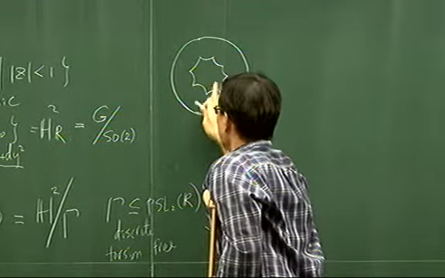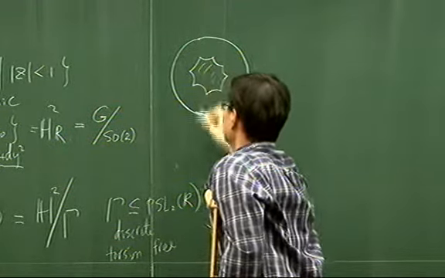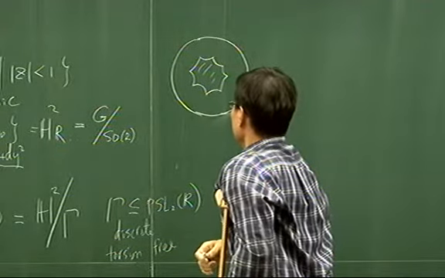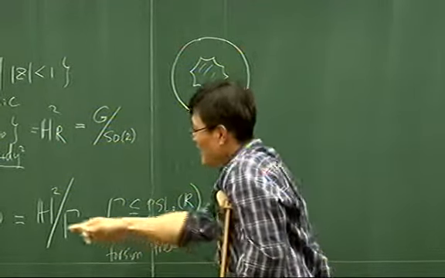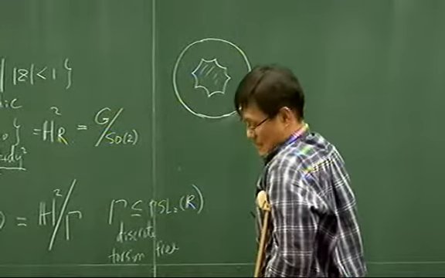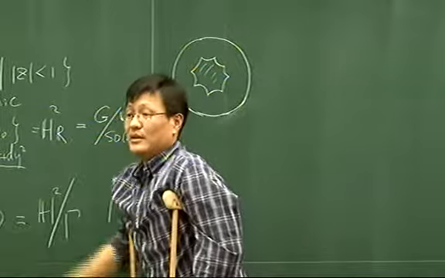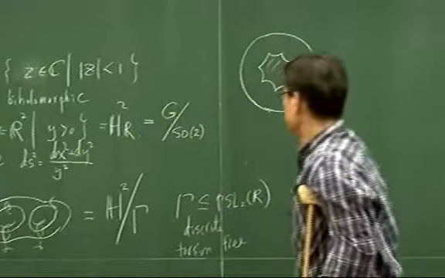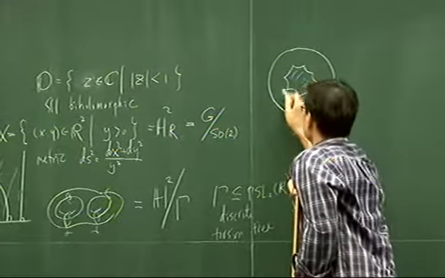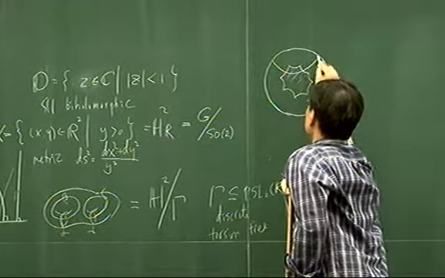So you can glue this octagon to obtain this genus 2 surface. Then alpha here represents some hyperbolic isometry acting like this. For example, like this.